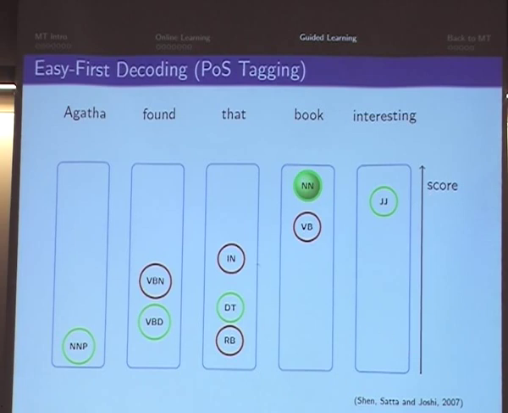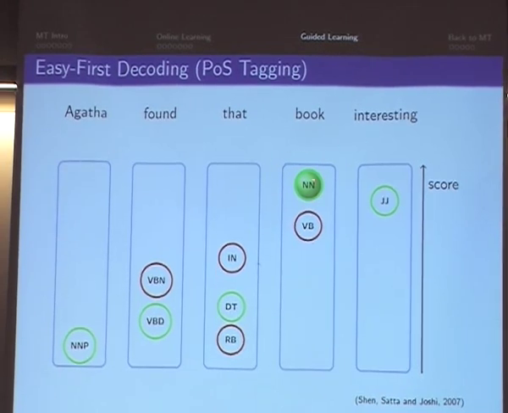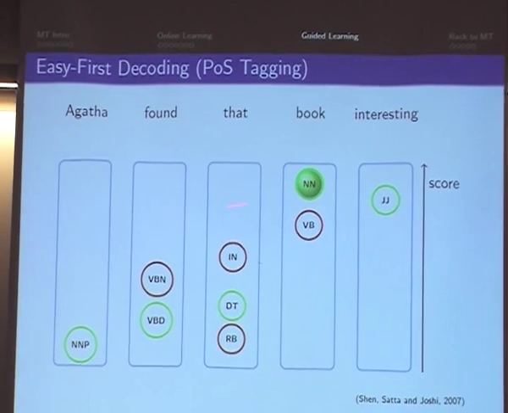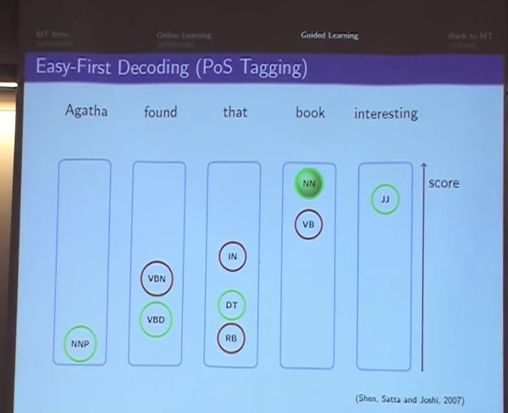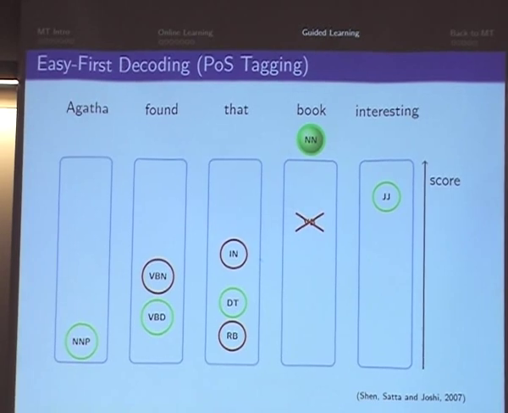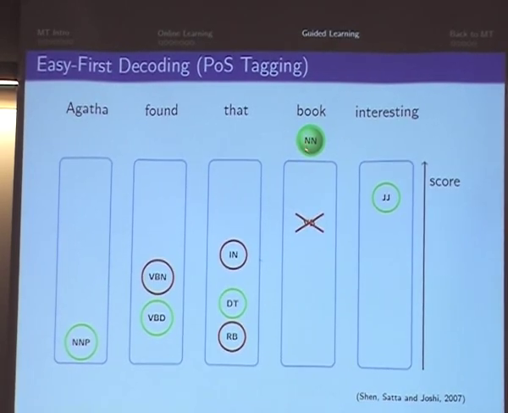It was not possible in HMM, but it is possible here. But now no tags were assigned, so without knowing any neighboring tags, this gets the highest score. So we fix it. Okay, we have tagged the book as noun. Therefore, we just delete the other hypotheses here.